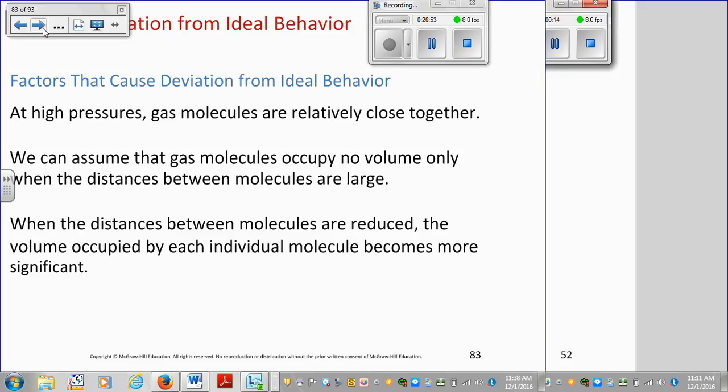But at high pressure, they're not. They're closer together. So we can't assume that the gas molecules occupy no volume. As they get closer together, the volume occupied by each individual molecule becomes more significant.